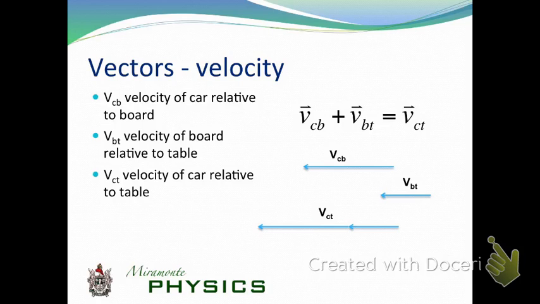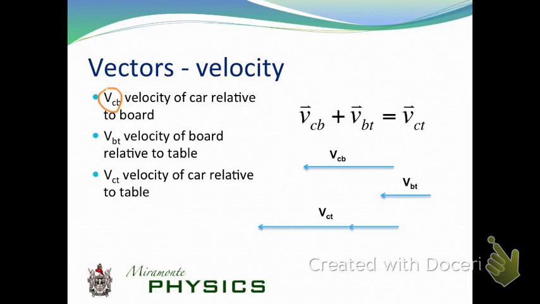Okay, so we're going to use some terminology to help us keep track of what's happening with relative velocities. So if we talk about a little car on a piece of foam core, and the foam core relative to a big lab table, we want to figure out the motion of the car with respect to the table. So we use some nomenclature. If we say V sub CB, that would represent the velocity of the car relative to the board.